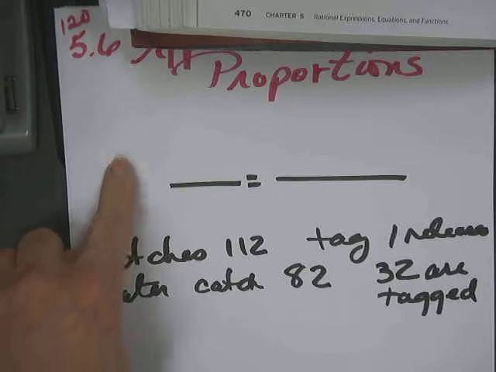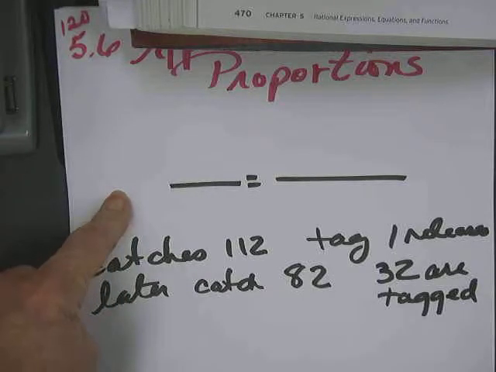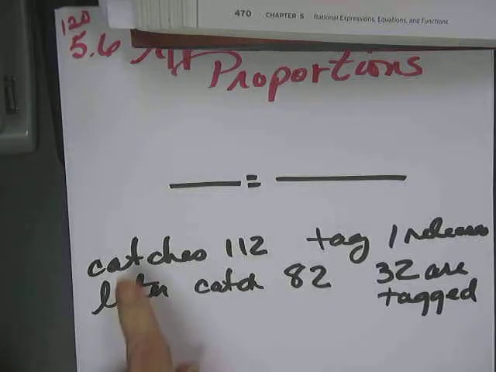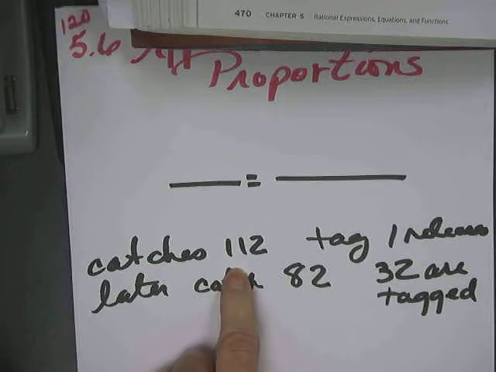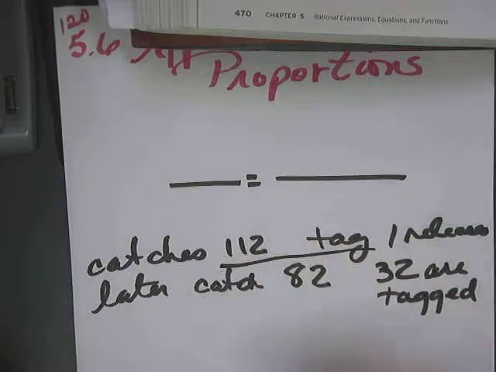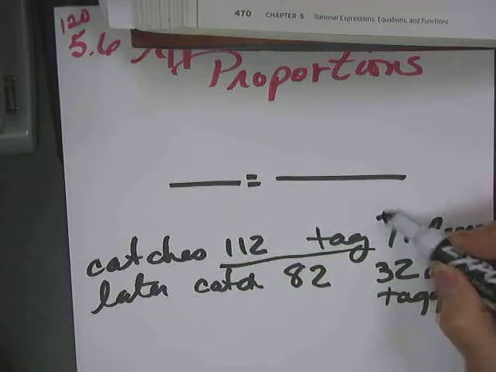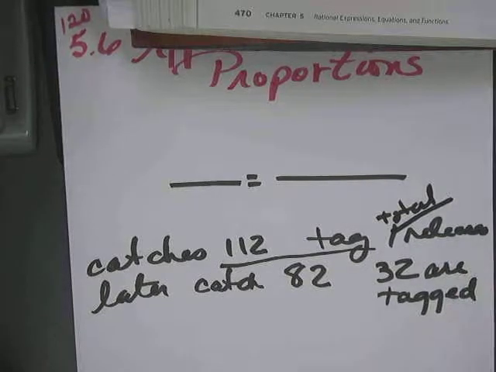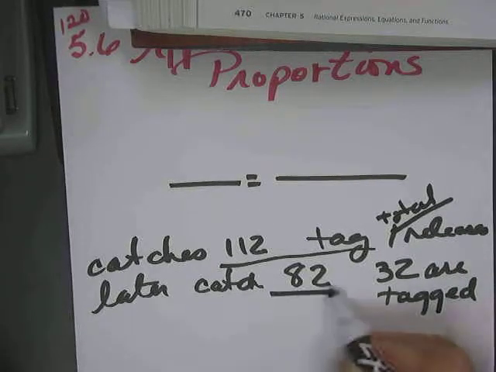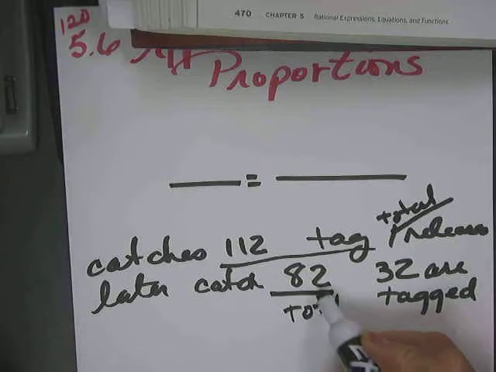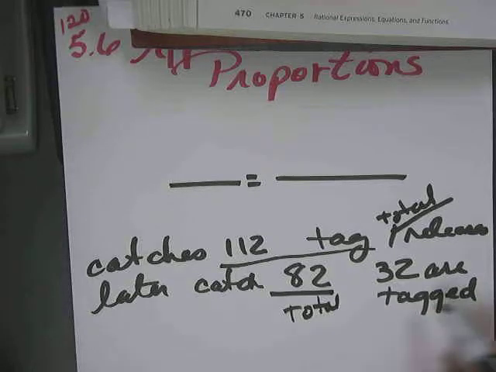How many they caught is not a good thing to write here. So instead of writing catch, because they caught this many and they tagged this many, right? So don't use the word catch. They tagged this many out of the total in the lake, right? And out of the 82 that they caught, this many were tagged.